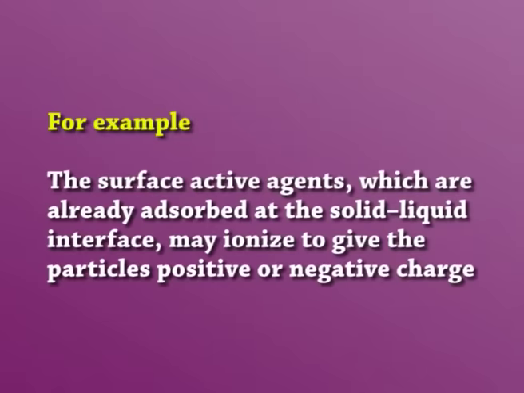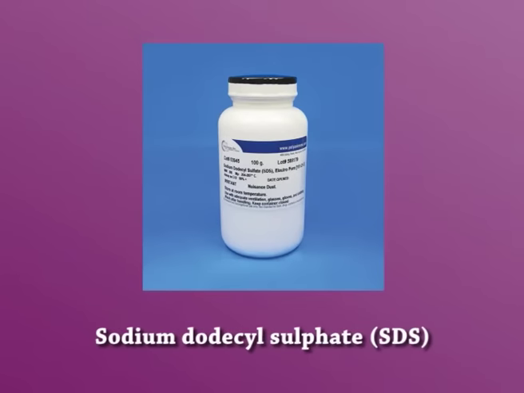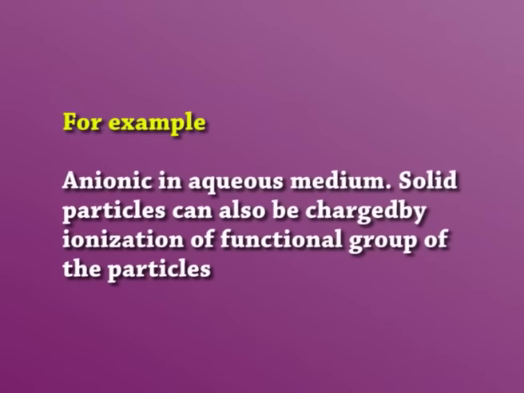This will lead to the formation of charged particles. For example, surface active agents already adsorbed at the solid-liquid interface may ionize to give the particles a positive or negative charge. A good example is sodium dodecyl sulfate, which has an anionic charge in aqueous medium.